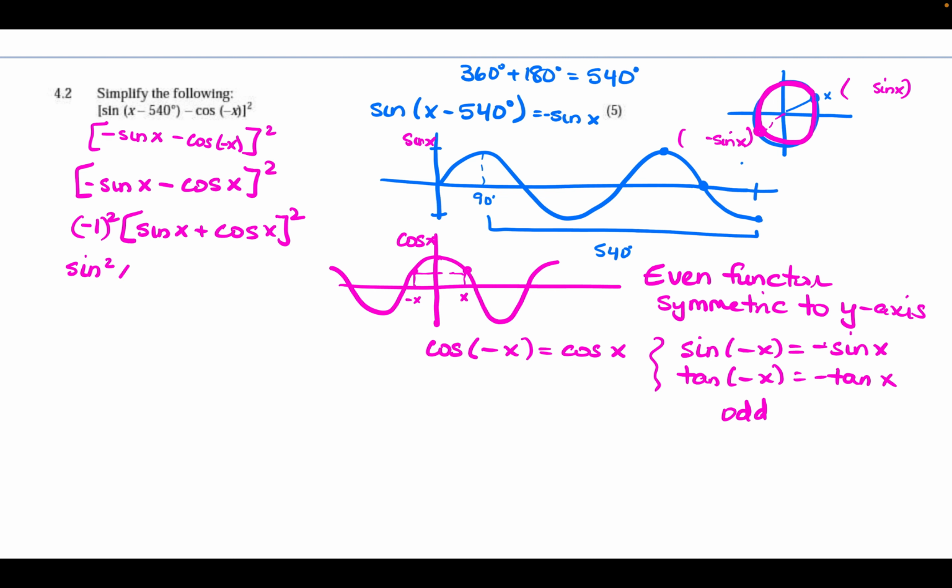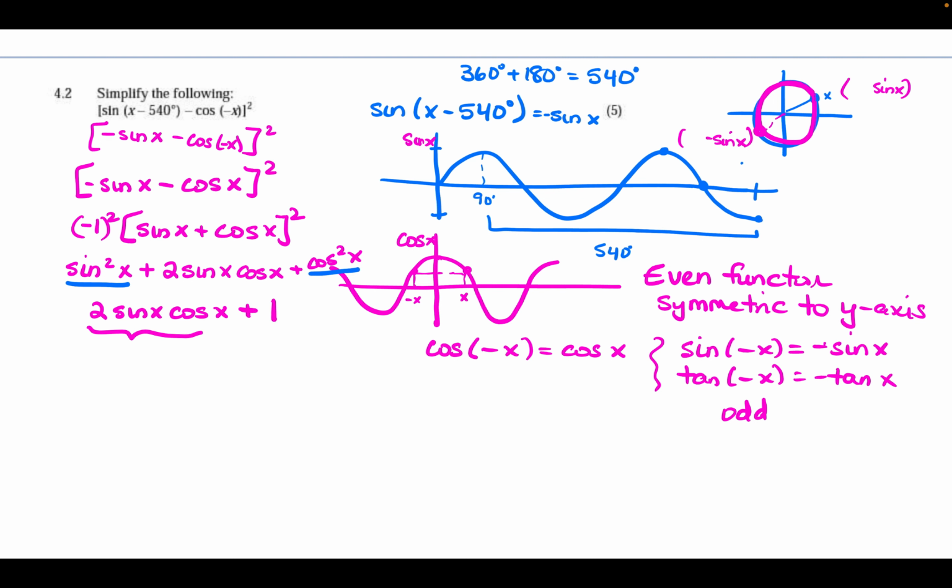So we have sine squared, then we'll have our middle term, 2 sine x cosine x, and our final term, cosine squared x. Well, you know from your Pythagorean identities, sine squared plus cosine squared is just equal to 1. So now we have 2 sine x cosine x plus 1.